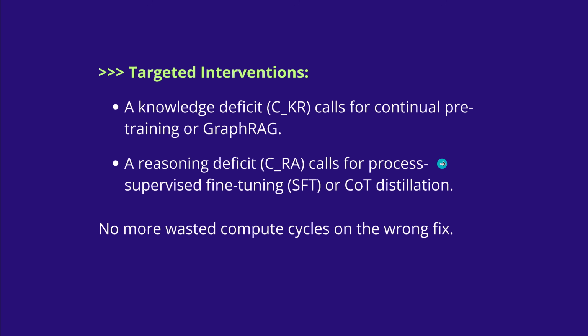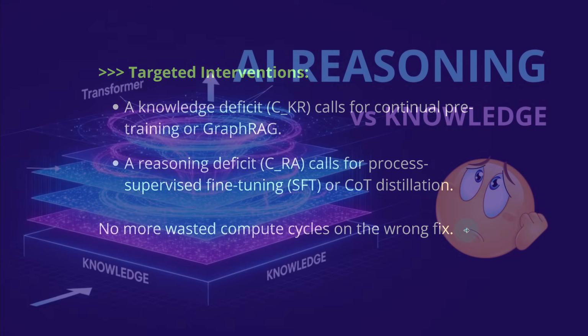So this is an interesting insight, in addition to everything, that now if something is not working, we have a tool set, and they tested it only on a Llama and on a Qwen 2.5, to have a further understanding why this LLM is not functioning. And if we understand why, we can take targeted actions. We don't waste any more compute cycles on the wrong fixing of the problem.